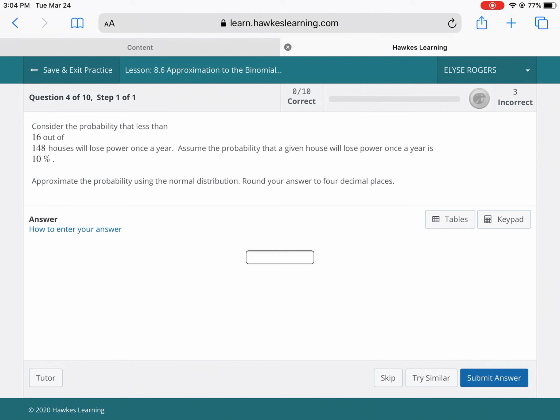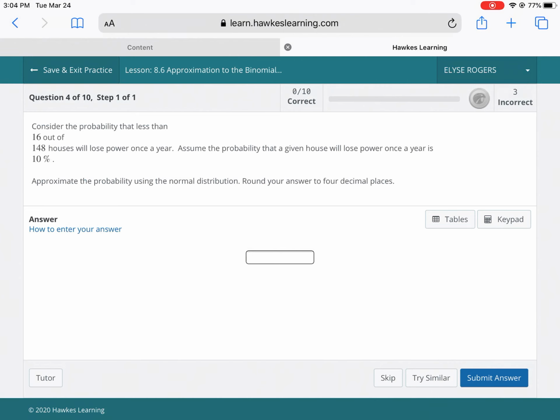We know that our number of trials n is the number of houses, 148. And our probability of success, in this case the probability that you lose power, is 10%. So n is 148 and p is 0.1 in our binomial distribution.